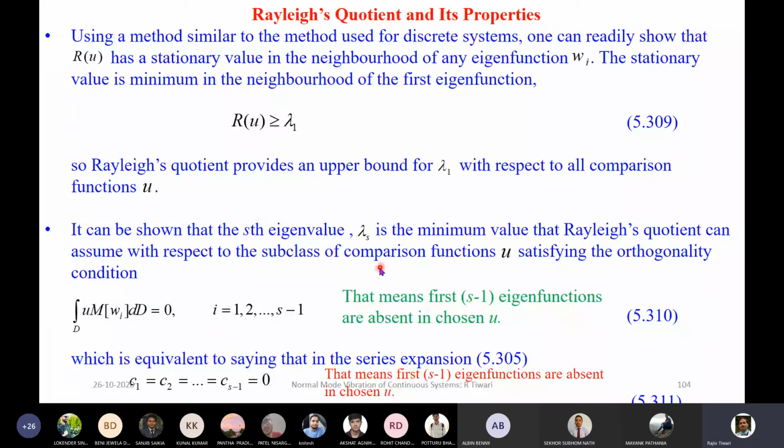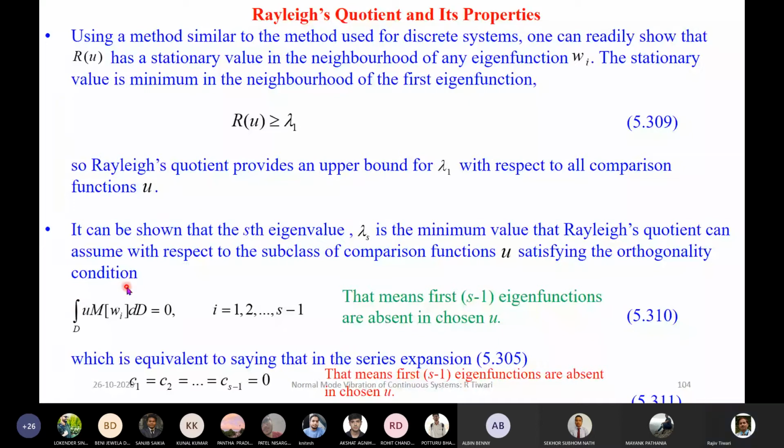Let us say this is the comparison function we have chosen. If it is not containing the first s-1 eigenfunctions, then according to the orthogonality condition, what will happen?